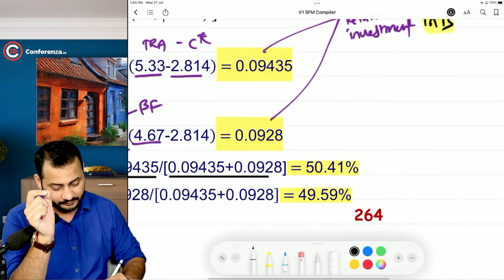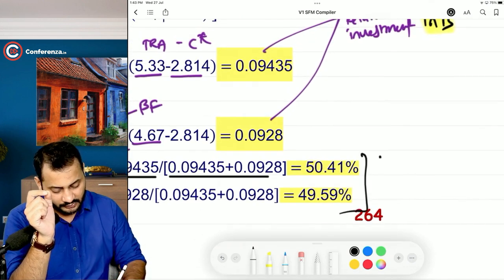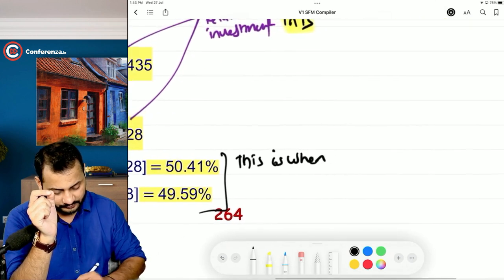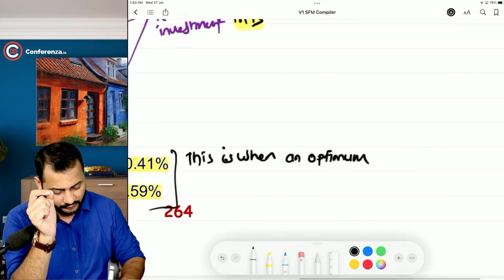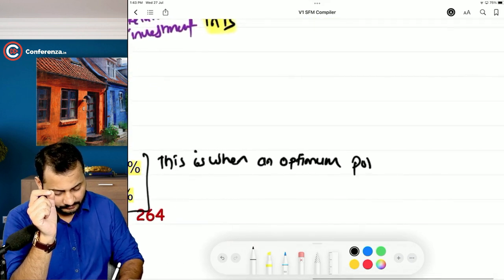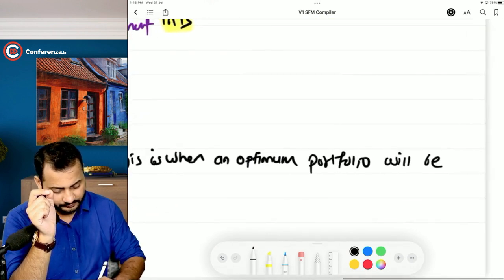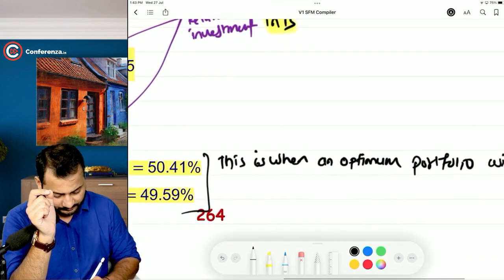And that is when an optimum portfolio will be created. What does that mean?